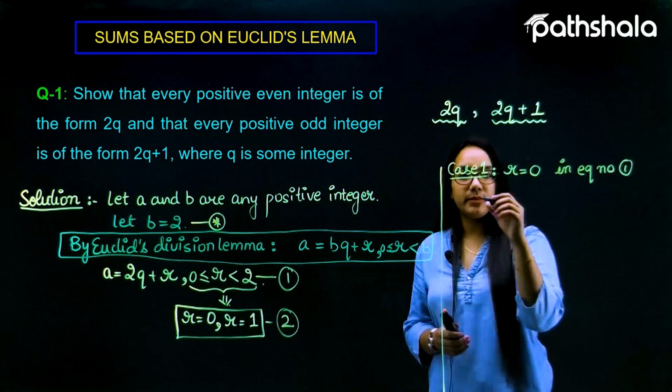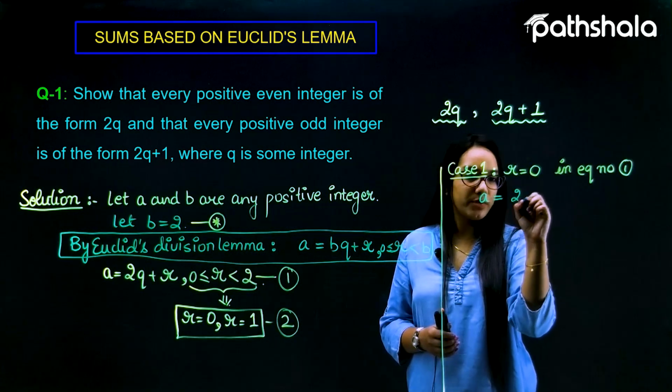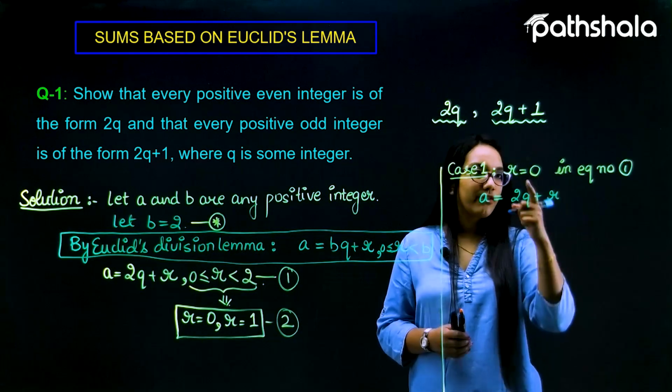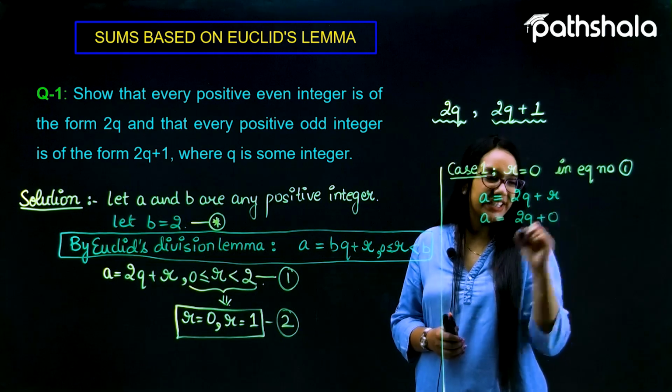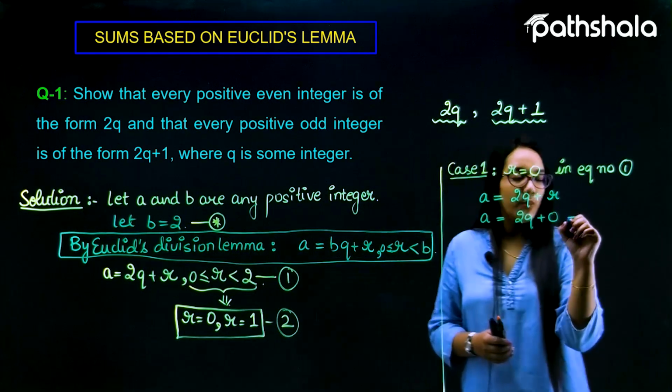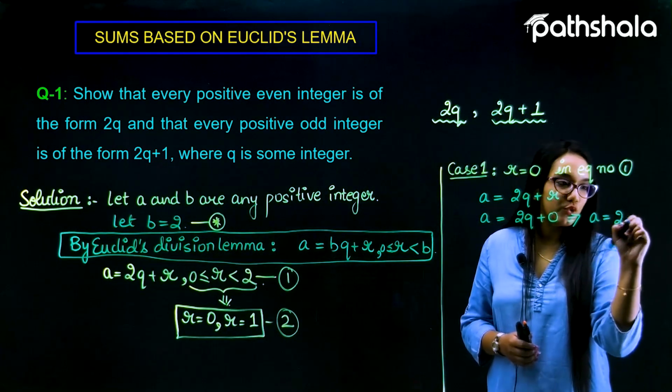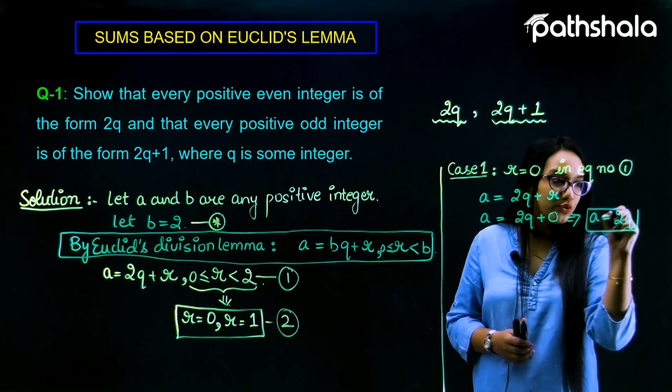So it will be like A is equal to 2Q plus R. When I substitute the value of R as 0 over here, A will be 2Q plus 0, which says A is equal to 2Q.